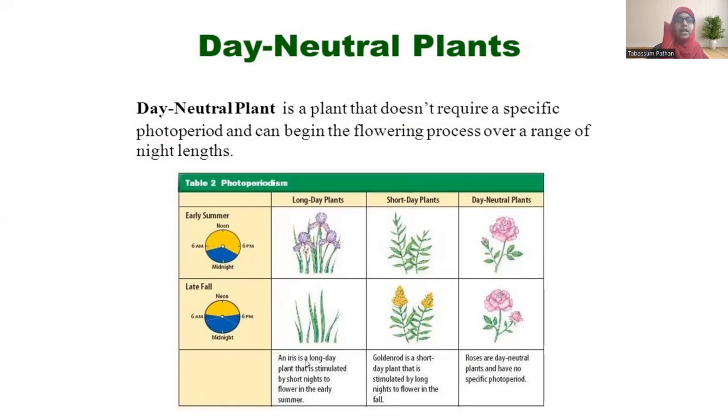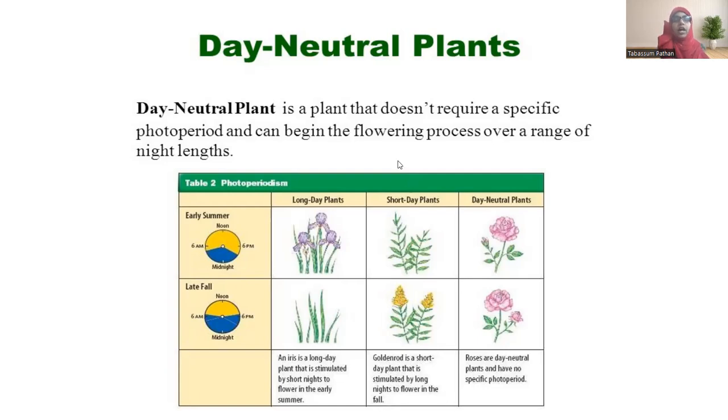Long day plants, an example is iris. An iris is a long day plant that is stimulated by short nights to flower in the early summer. And short day plants, goldenrod is one of the examples. It is a short day plant that is stimulated by long nights to flower in the fall.